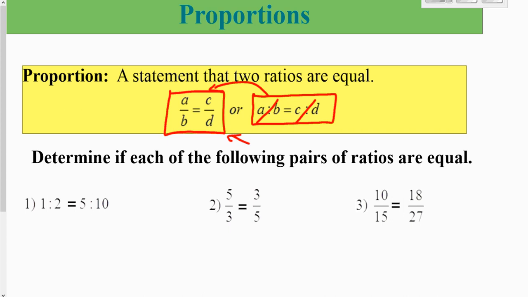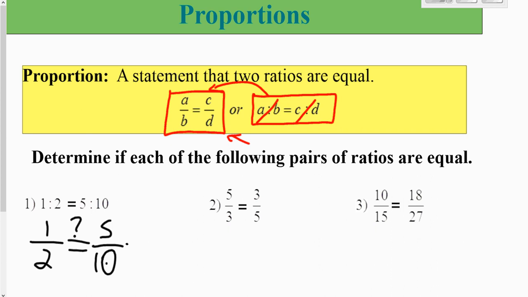So determine if each of the following pairs of ratios are equal. So again, I'm going to want to translate them. If they're in colons, I want to translate them into a proportion using division. So 1 to 2, I'm questioning if this is equal to 5 to 10. Well, anytime you want to see if a proportion is equal, reduce both of them as low as they go.